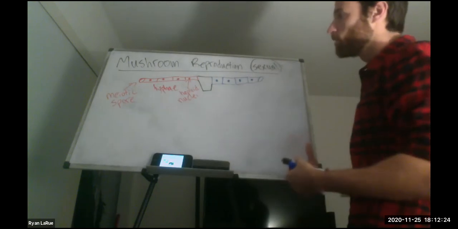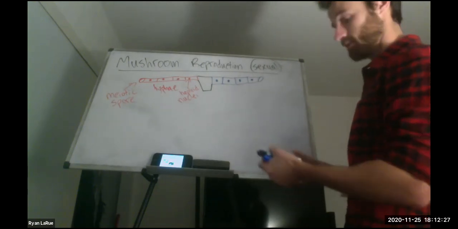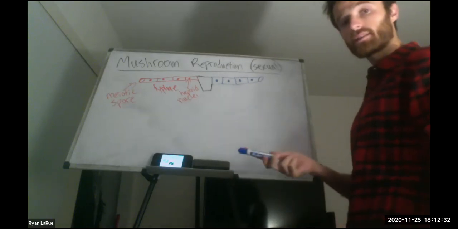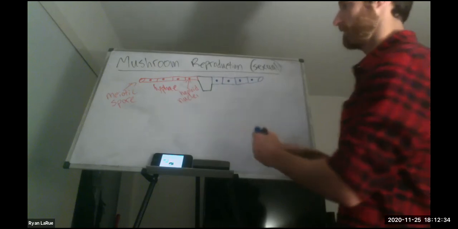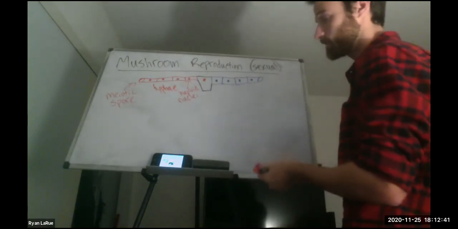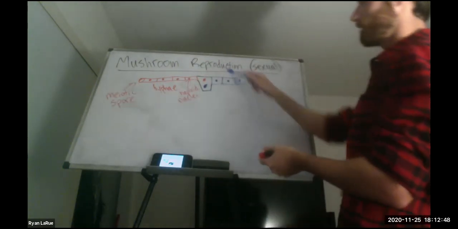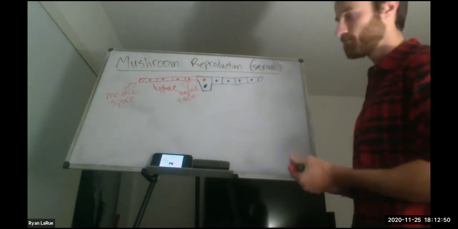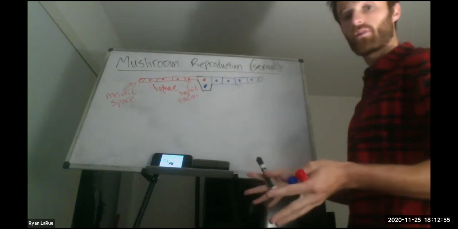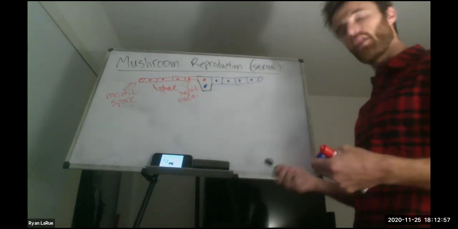And when they fuse together, they have two distinct haploid nuclei inside. I'd have to check, but I'm pretty sure that mushrooms are the only organisms that do this, where they make these cells with two separate nuclei in them, which will then divide outward and form the entirety of the mushroom.